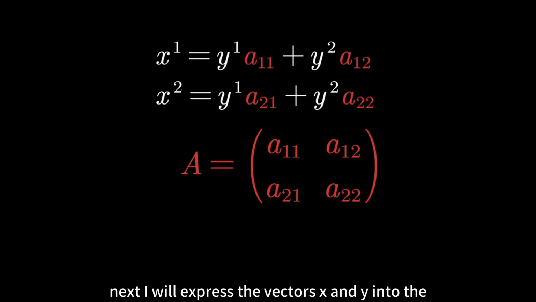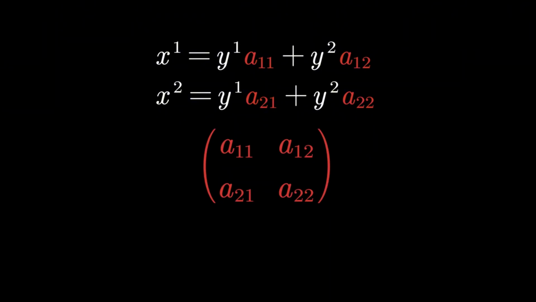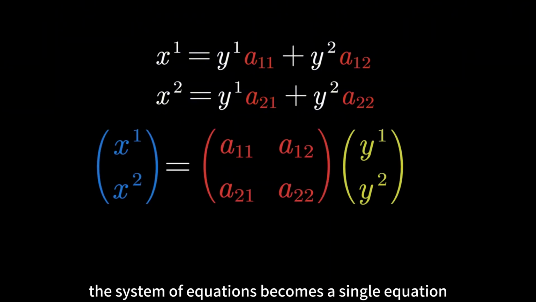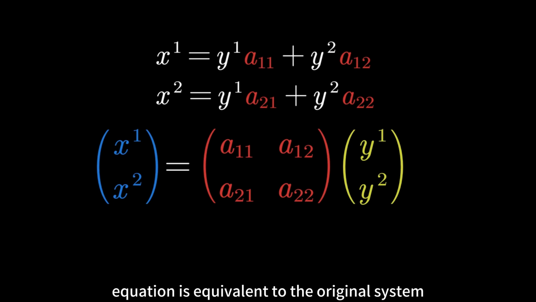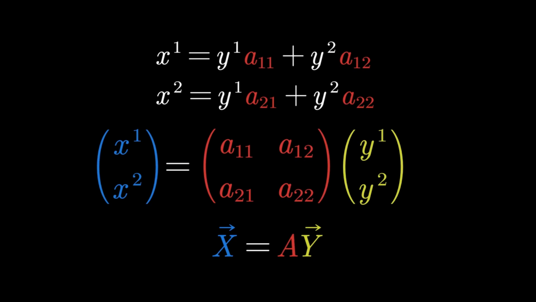Next, I will express the vectors x and y in the form of column vectors. Thus, the system of equations becomes a single equation. Since this equation is equivalent to the original system, we obtain the rule for matrix-vector multiplication.